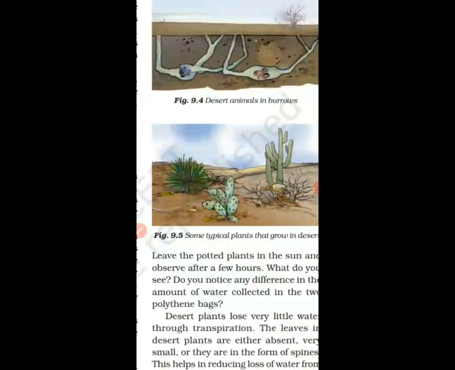Because they get very little water, they preserve it. Another thing, their roots are very very deep so that they can get water from deep in soil, right? So to understand this, activity 3 is given for you.